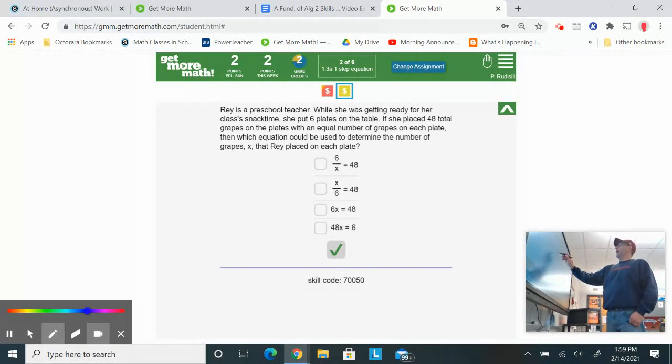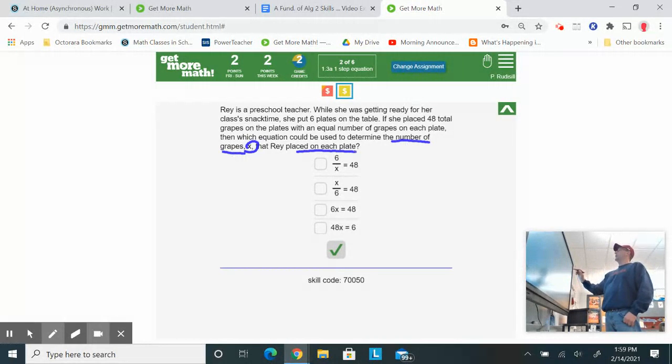So the x represents the number of grapes on each plate. And there were 6 plates on the table, and there's 48 total grapes. So she had 6 plates, and she's putting x on each plate.